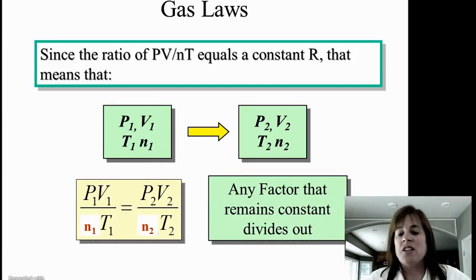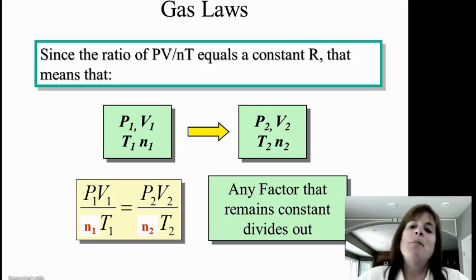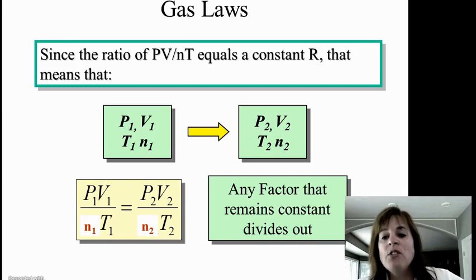And any factor that remains constant when we're doing some calculations just divides out. So we get rid of the amount and we have the combined gas law. We get rid of the amount and temperature and we have Boyle's law. Or we could get rid of volume and we have pressure over temperature, which is Gay-Lussac's law, or we could have Charles' law, or we could do Avogadro's law.